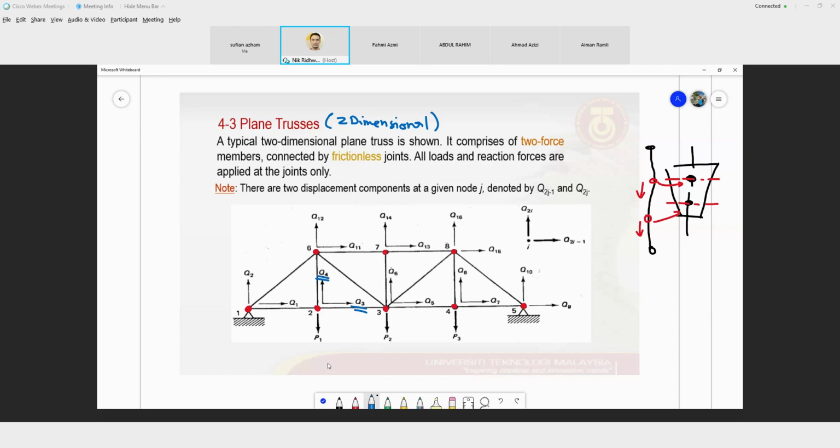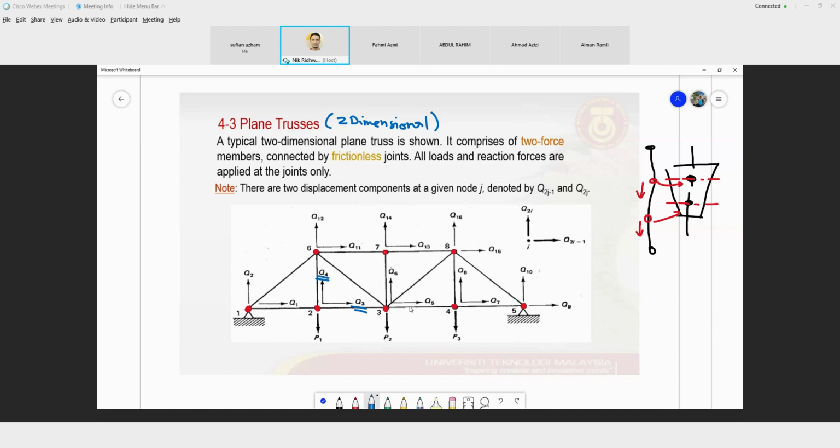Okay, and now let's first look at the numbering of our displacement. Actually, there are many ways of writing displacement.